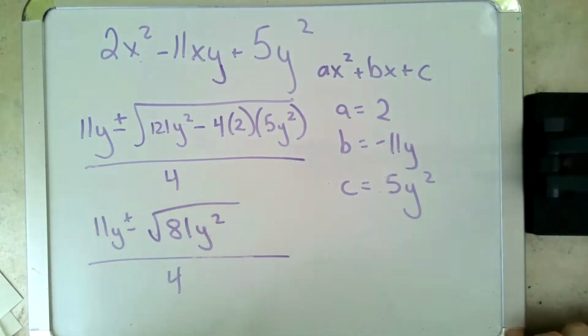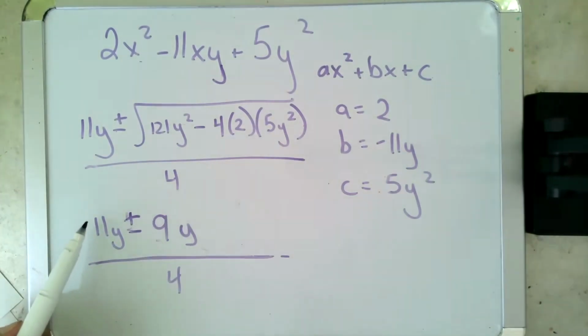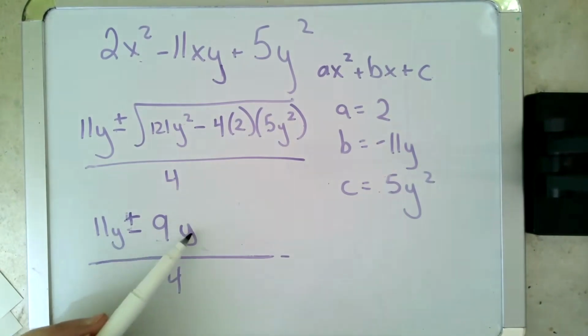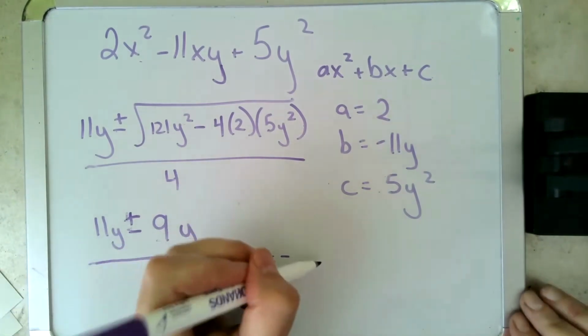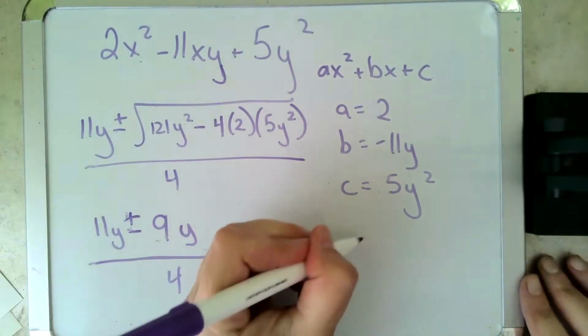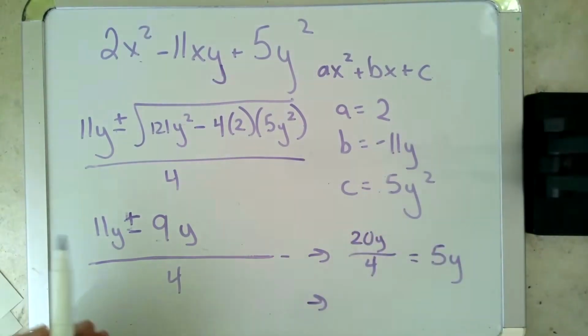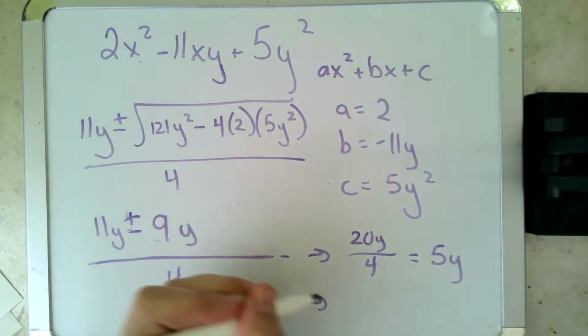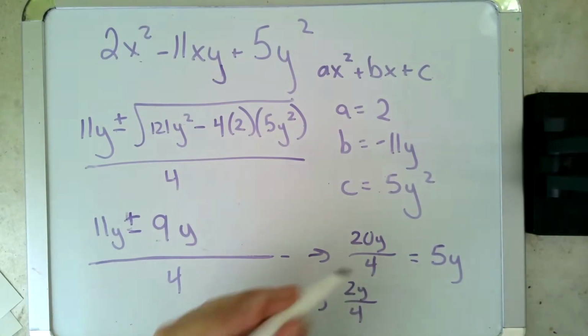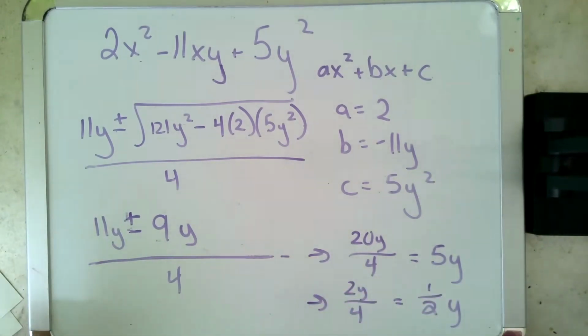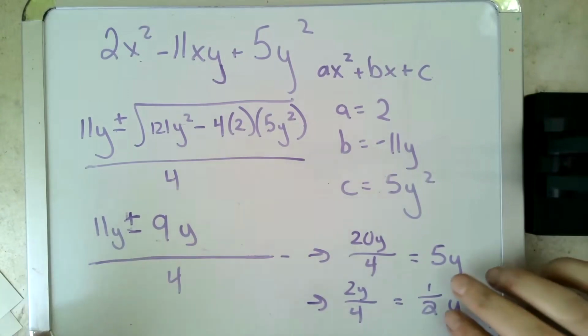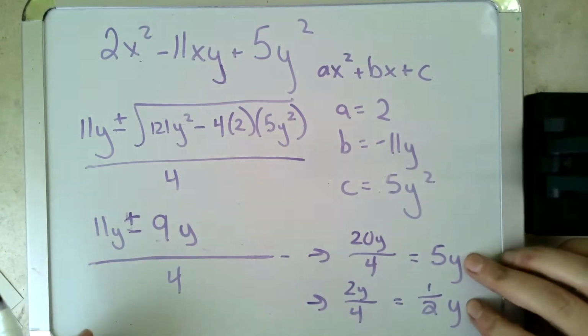Well, the square root of 81 is 9, and the square root of y squared is y. So 11y plus or minus 9y over 4. Well, 11y plus 9y, that's 20y over 4, or 5y. And 11y minus 9y, that's 2y over 4, or 1/2 y. So those would be your two solutions.